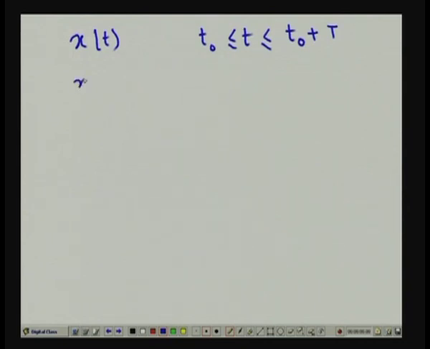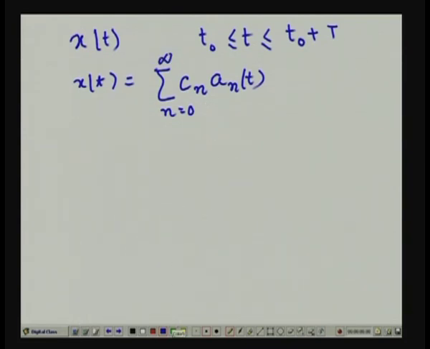So, we can write x(t) as a summation of C_n a_n(t). You remember that a_n(t) is the set of orthogonal basis functions. So, we represent x(t) as a series summation: x(t) equals the sum of C_n a_n(t), where n varies from 0 to infinity.